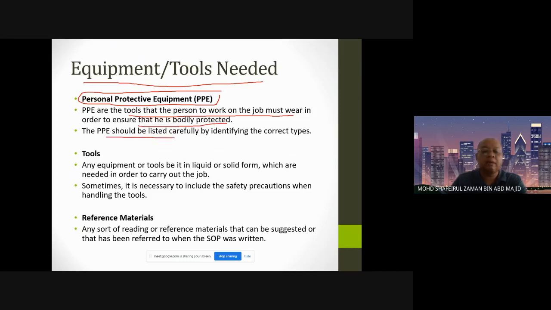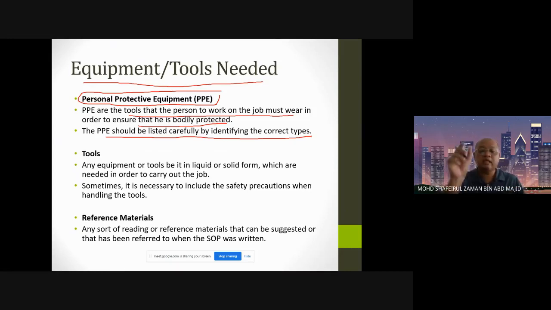The PPE should be listed carefully by identifying the correct types. For example, you are preparing the SOP for a construction site. So the PPE maybe will be the safety helmet, the safety hat, and then you have the body vest with the reflectors, and then you are going to put the safety boot as well as part of the PPE.